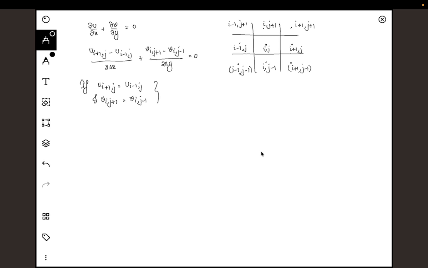If you look at the same thing in the momentum equation, we have a minus del p del x term, which again we will compute like p_{i-1,j} minus p_{i+1,j}, divided by 2 delta x.